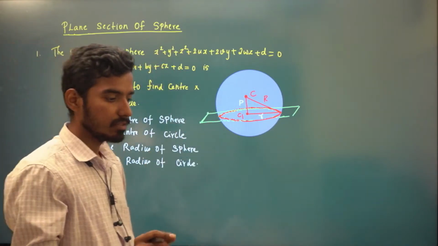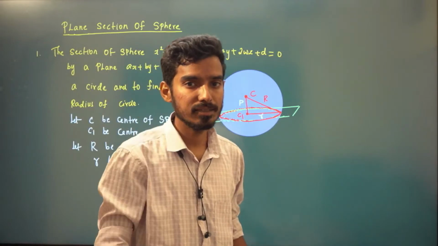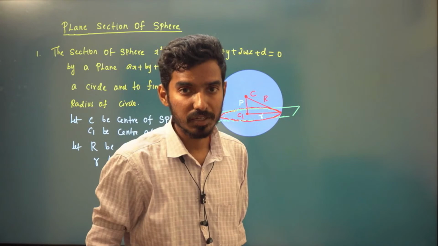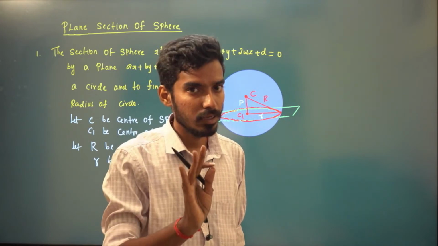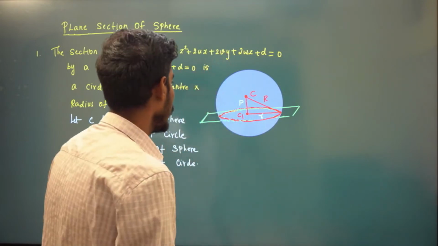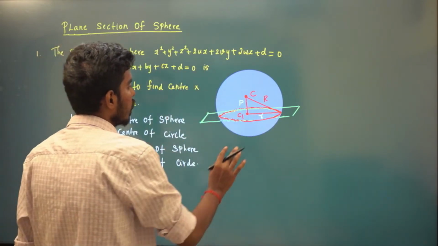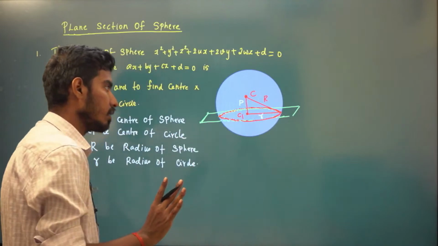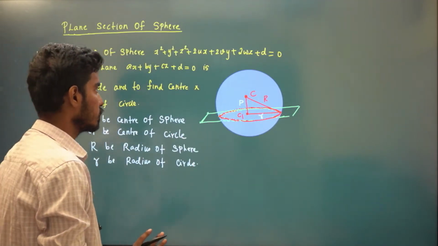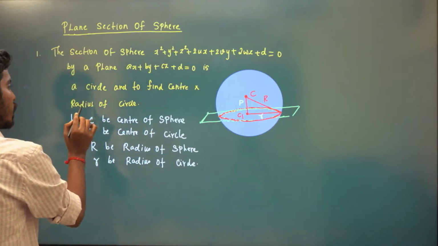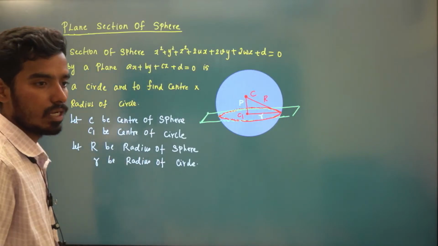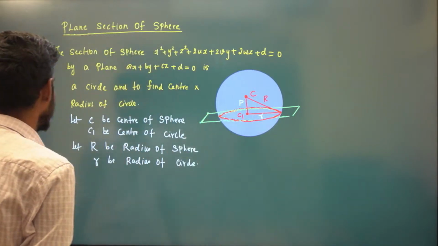So the equation of a circle in 3D is a sphere combined with a plane. How to find the center and radius of this circle, we will do with the help of a problem. As of now, just remember this.